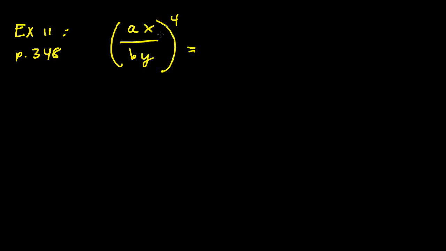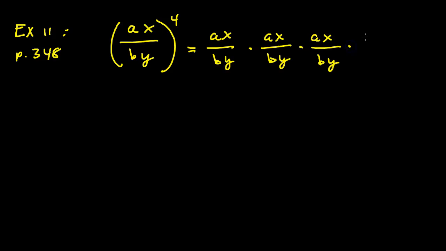All right, if you raise something to the 4th power, that means you take 4 factors of the base expression. So let me write it out in brute force fashion here. Again, we're going to be looking at a shortcut here in a minute. All right, so I've got all these 4 fractions being multiplied.